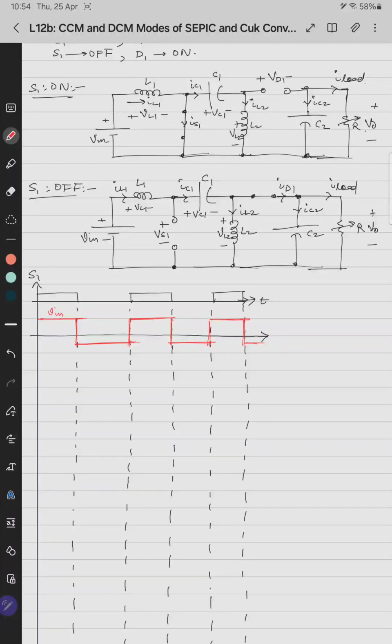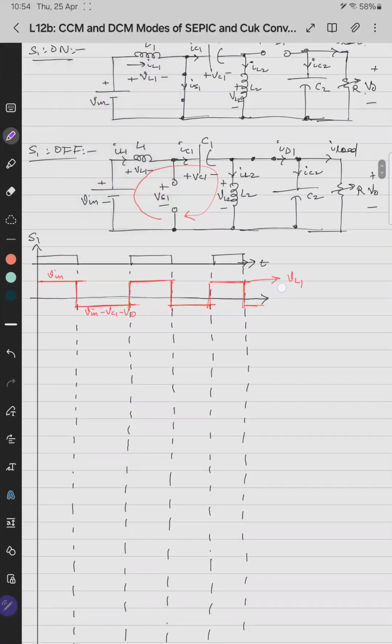During negative time, if you apply KVL in this loop, Vin equals VL1 plus VC1 plus VL2. Here VL2 is V0 because the diode is forward biased. So VL1 is Vin minus VC1 minus V0. This is the expression. This waveform is of VL1.